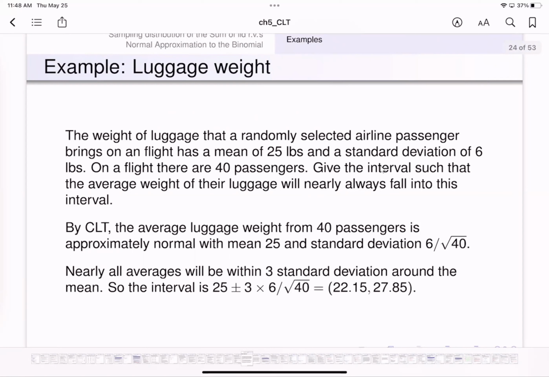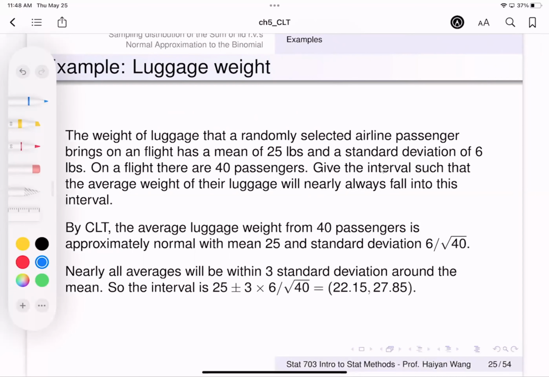This is looking at the average weight of the luggage. We do not have the population distribution of the luggage weights, but we know we have a sample size of 40. If n is equal to 40, then the average from 40 would be approximately normal.